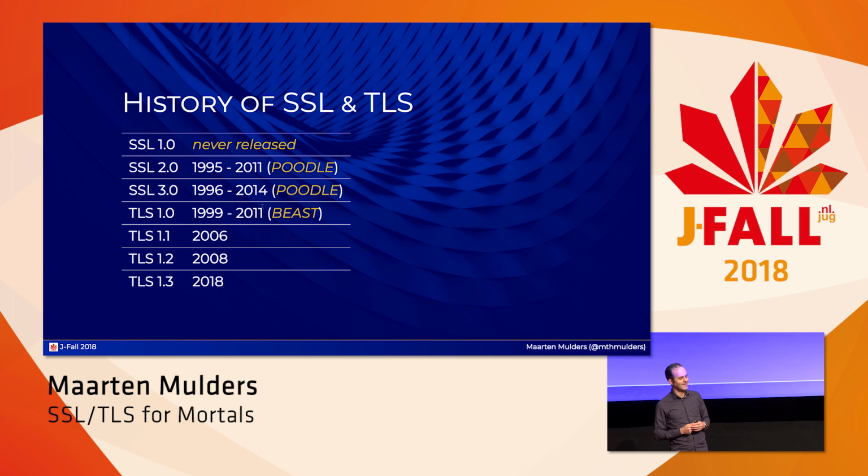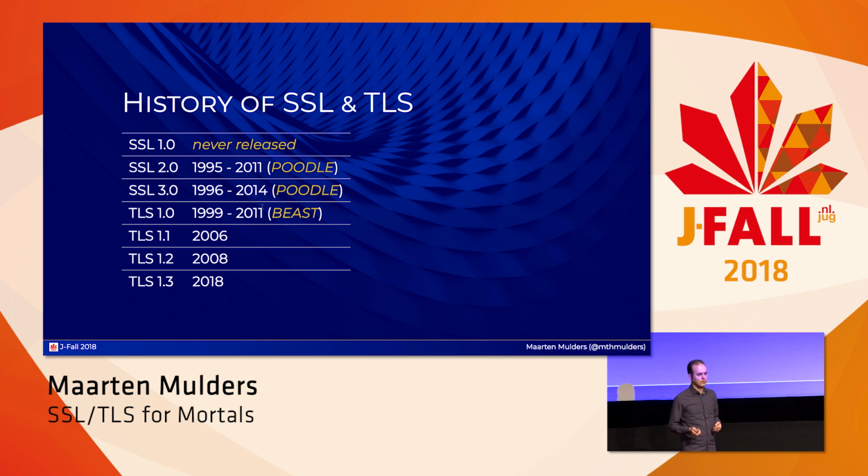A few minor tweaks, but enough for the IETF to give it a new name. It was also proven vulnerable, but to a different attack in 2011. This attack was called the Beast attack, and since that attack was published, don't use TLS 1.0 anymore.